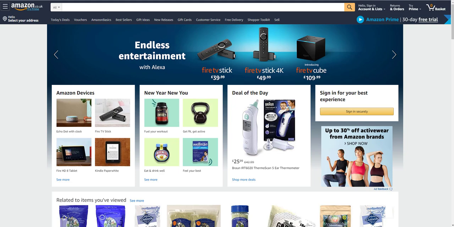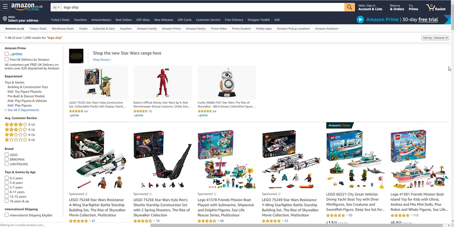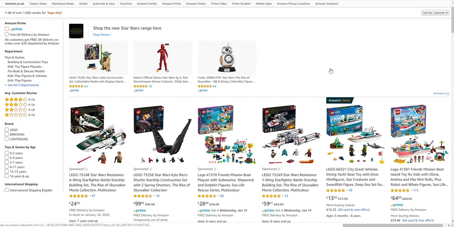So irrelevant of what sourcing method you're using, the ones I talked about, it doesn't matter which one you're using. You need to check with Keepa whether it's worth buying the deal. Okay? So let's pretend we found something. I'm gonna search what I always search. Lego ship. I don't know why I always search this, but it's my lucky charm.